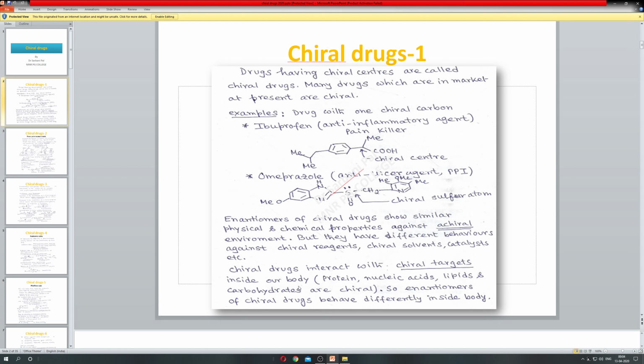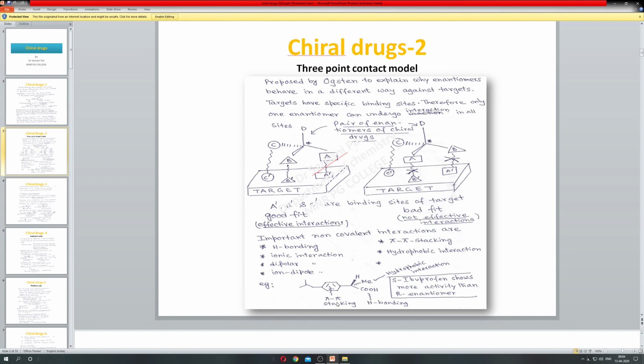Because they are all chiral, chiral drugs behave in a different way. Now this can be explained by using the 3-point contact model. The difference in the behavior can be explained by considering Ogston's 3-point contact model.